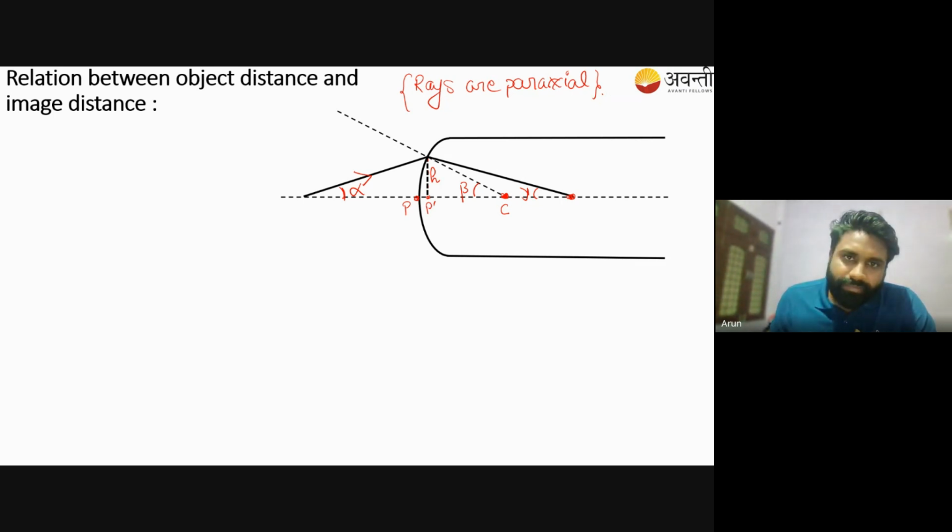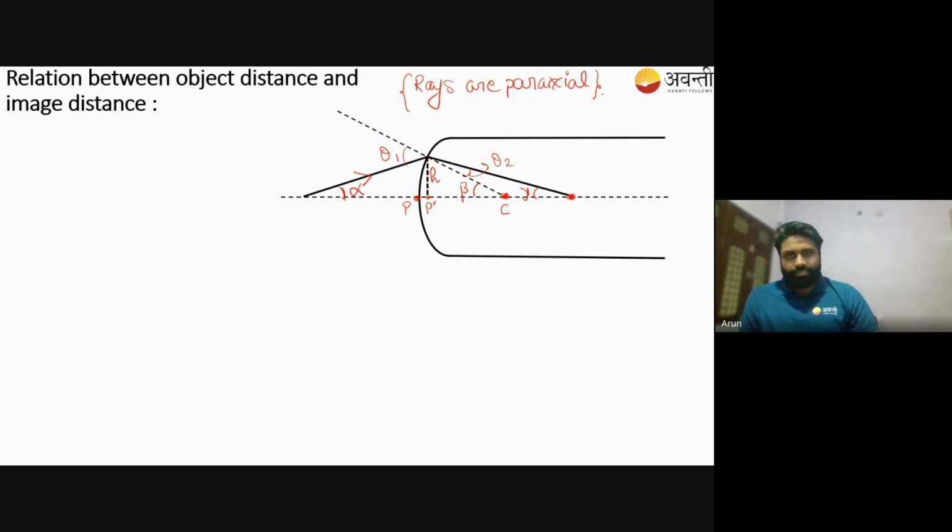This angle of incidence is theta1, let's say, and this angle of refraction here is theta2. So firstly we would see some relation. This point is the object point, this point is the image point. This point is the normal point. All points have their names.